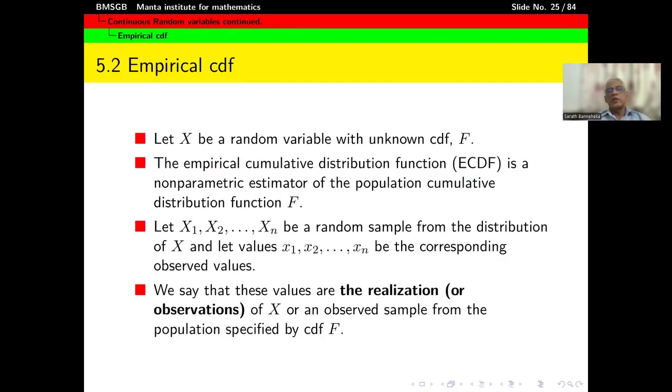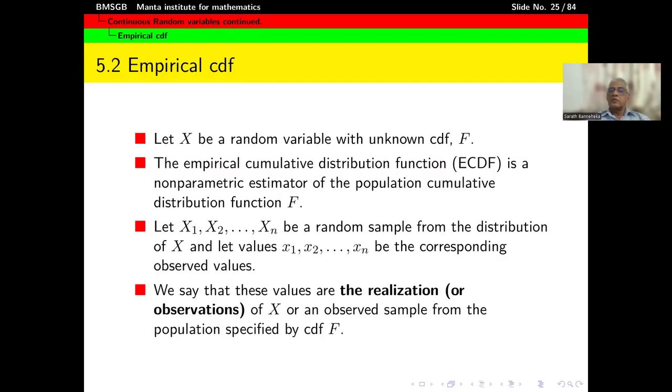Then, using the same data, we will estimate those parameters in the assumed model, and then consider that assumed model with those estimated parameters as the actual probability density function of X. Thereby we can get the cumulative distribution function F if we want, and then we can do the inferences using that estimated model.